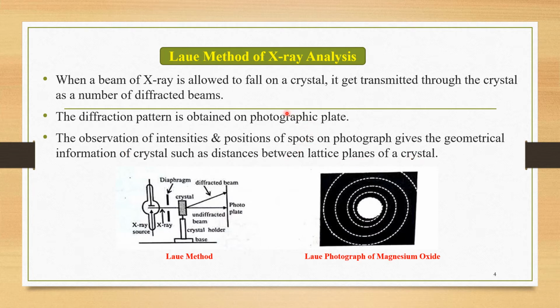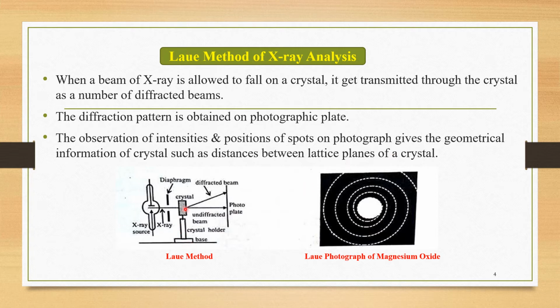If we observe carefully the photographic plate pattern, the intensities and positions of spots, we can get some geometrical information about the crystal of a particular compound. That information includes the distance between the lattice planes of a crystal. So we get an idea regarding the distance between the lattice planes present in a crystal.